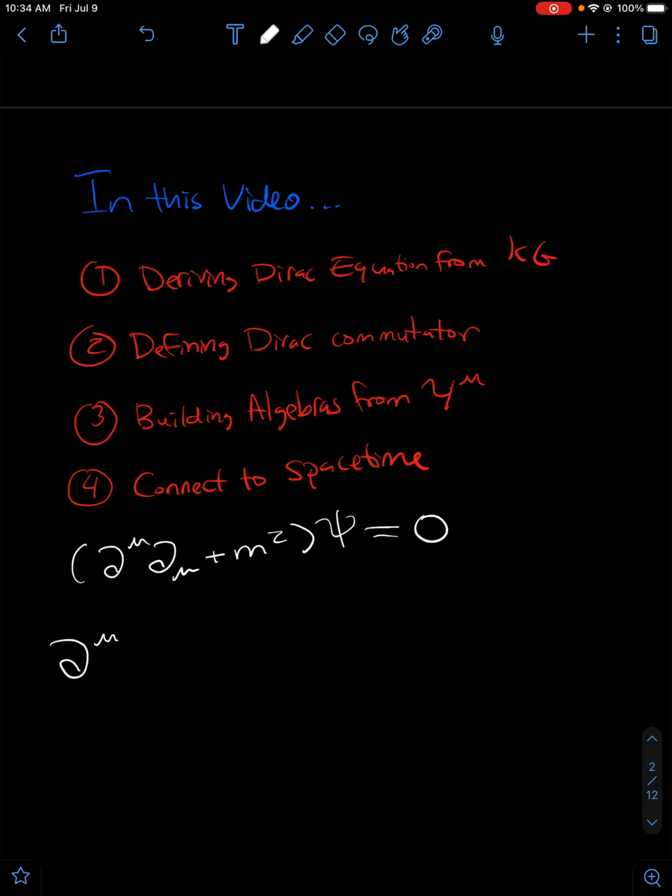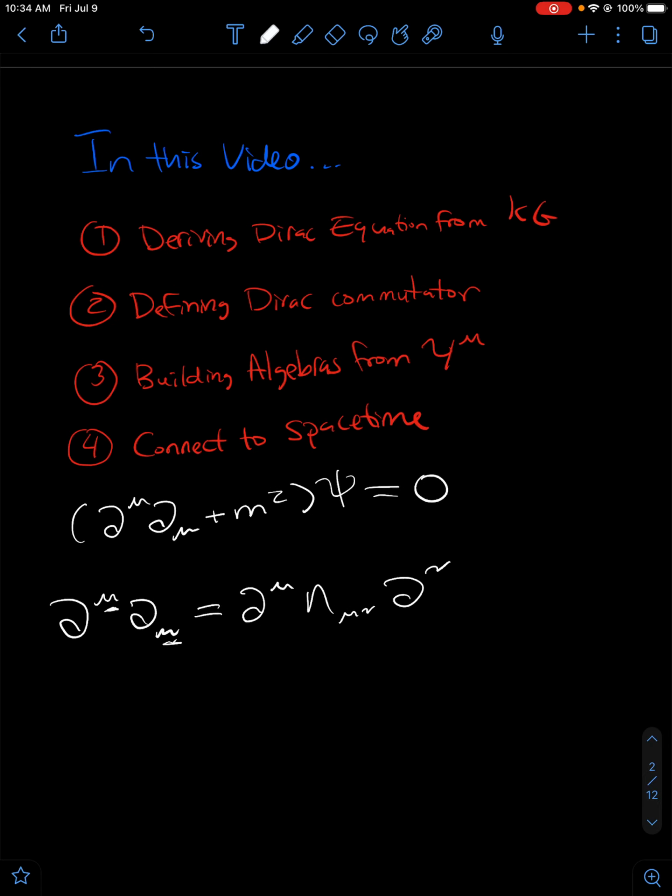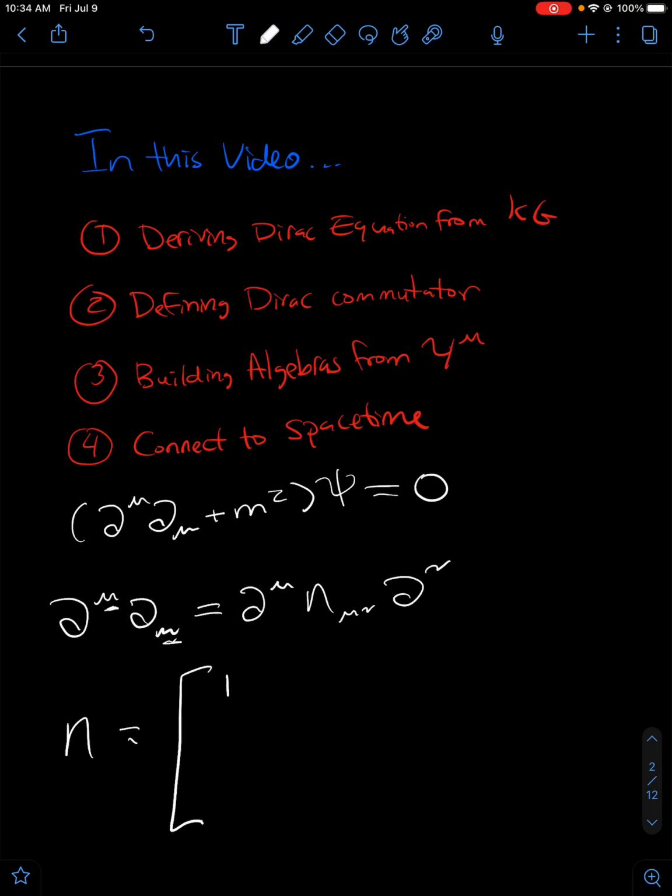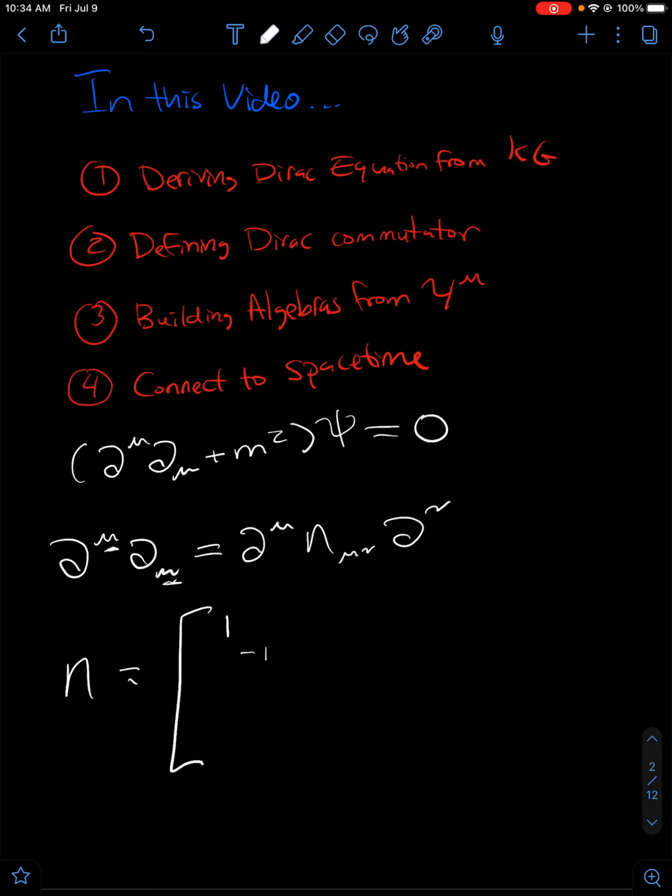By partial mu, where one is an upwards index and the other is the downwards index, I really mean partial mu, Minkowski metric mu nu, partial mu, where the Minkowski metric is this metric over here, where the first input is 1, and everything else is -1 on the diagonal, and everything else is 0.